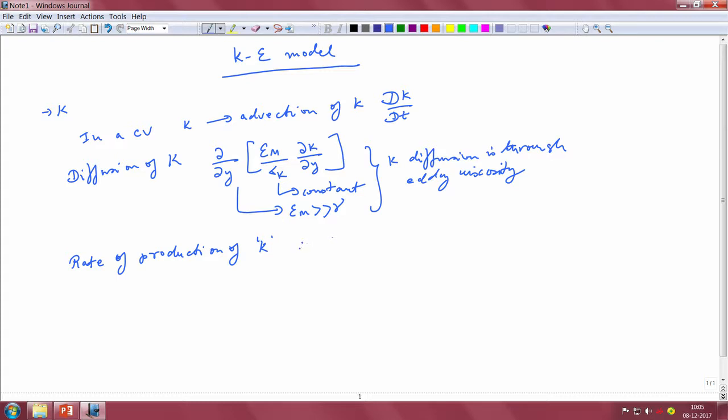Then like any transport equation you will have a rate of production of K, which is given by epsilon m du bar by dy. This is basically what we call the eddy shear stress, and this one is the average velocity gradient.